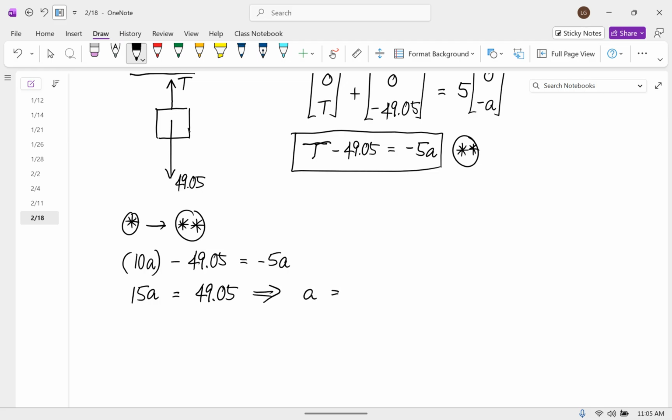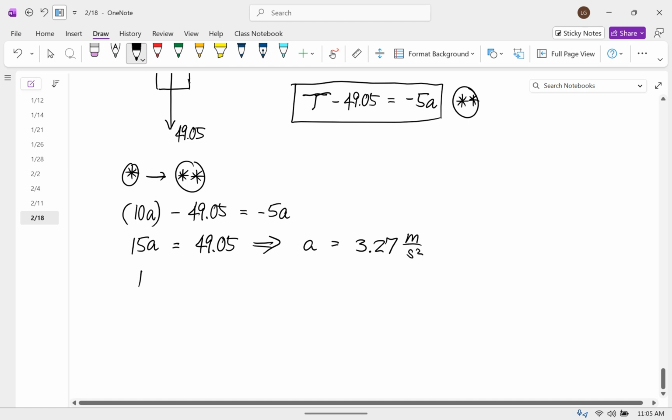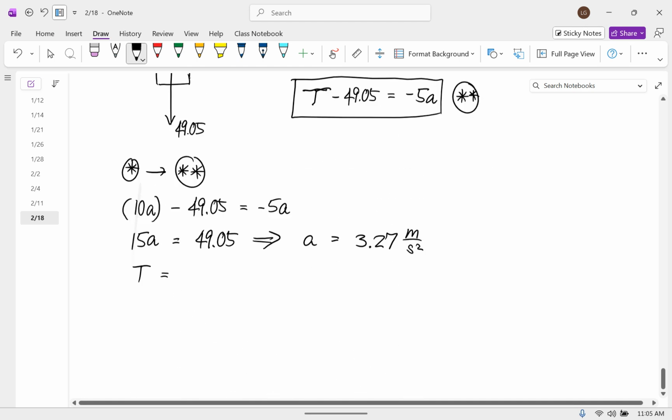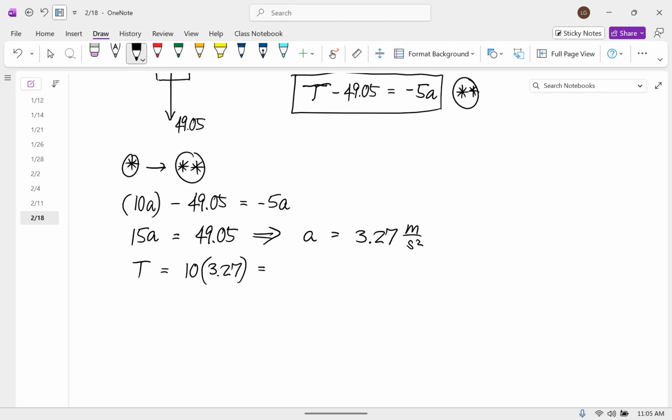And so A is 3.27. Then you can go to that 1 star equation, and T is equal to 10 times A. And so that is 32.70 newtons.